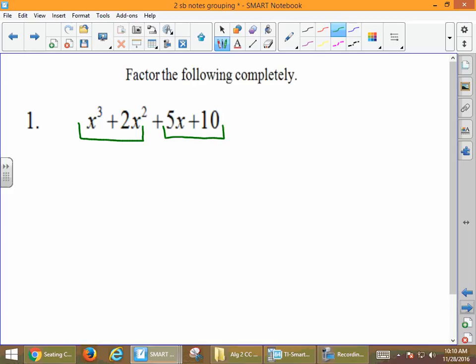So we split that. And what we're now going to do is look, do we have a greatest common factor in our first group? Well, between x cubed and x squared, recall from earlier notes that we take out the smallest exponent. It's going to be x squared.